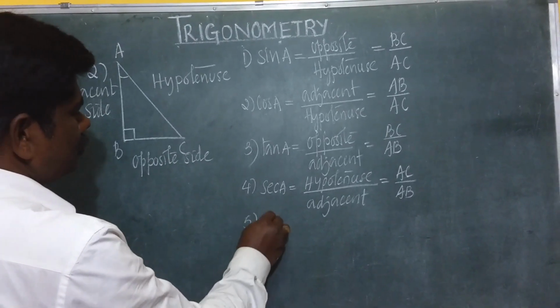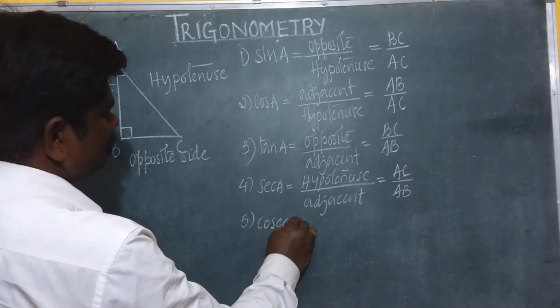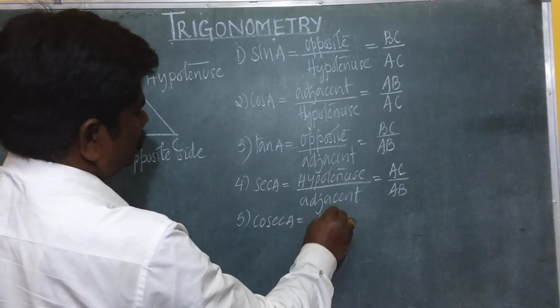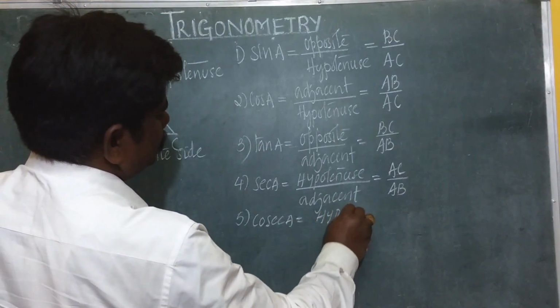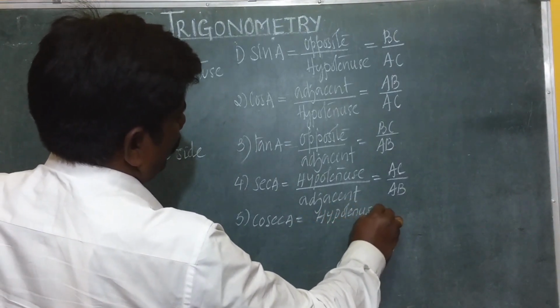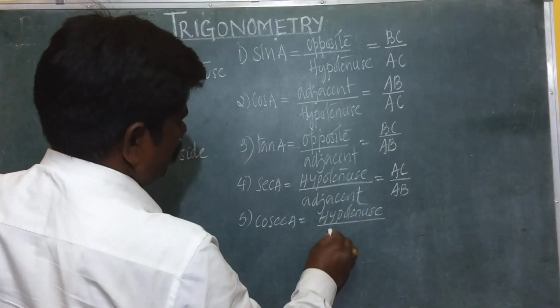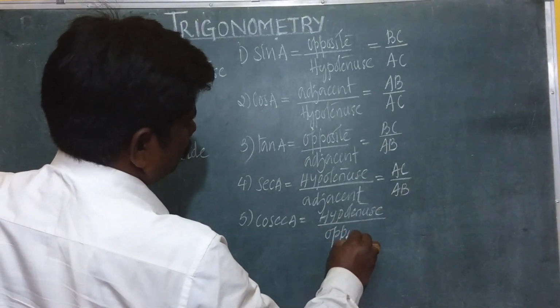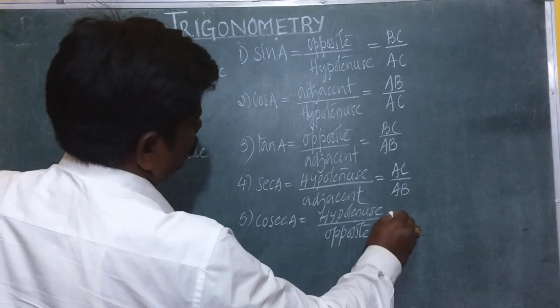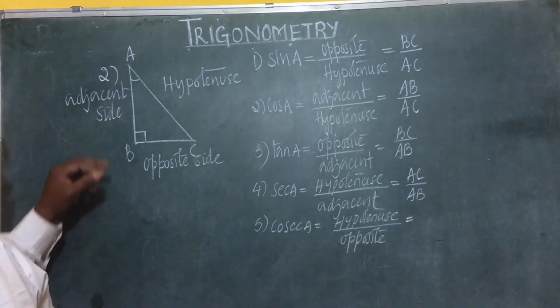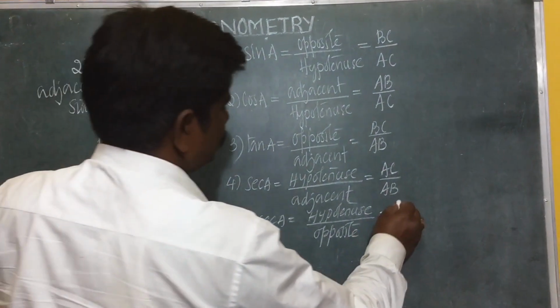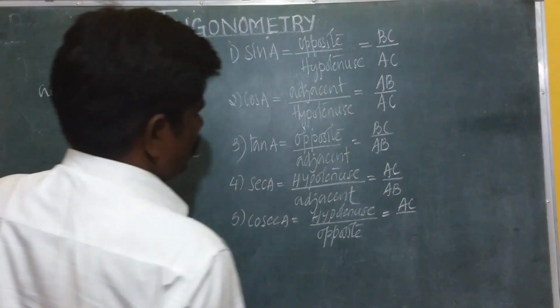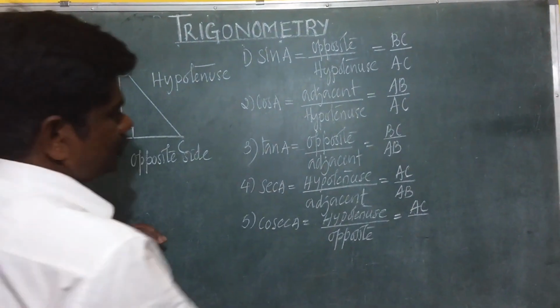Then cosec A, that is hypotenuse upon opposite. So hypotenuse is AC upon opposite BC.